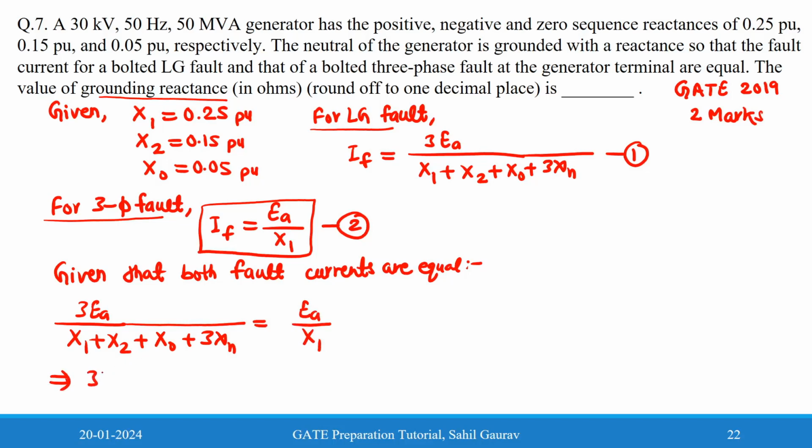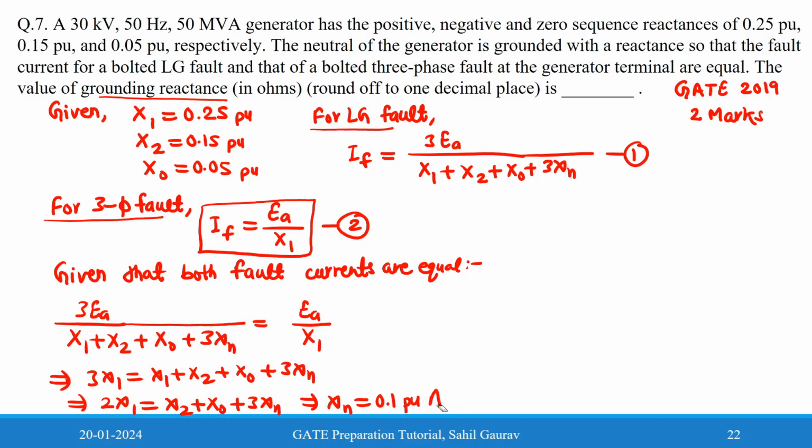So we can write 3x1 is equal to x1 plus x2 plus x0 plus 3xn. So it is 2x1 is equal to x2 plus x0 plus 3xn. Just put all these values, you will get xn is equal to 0.1 per unit.